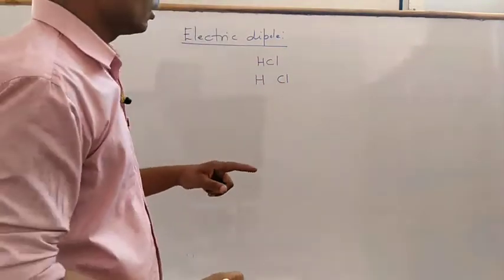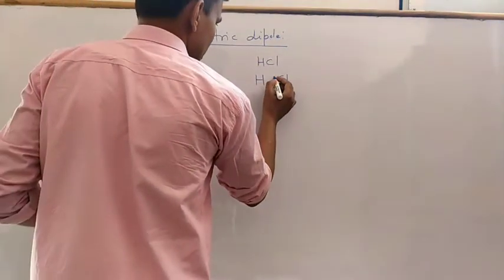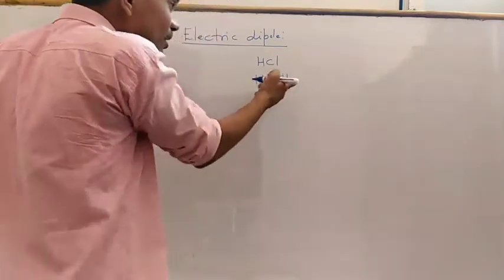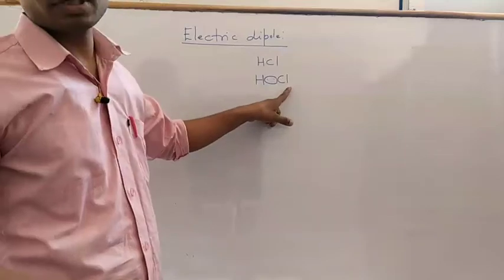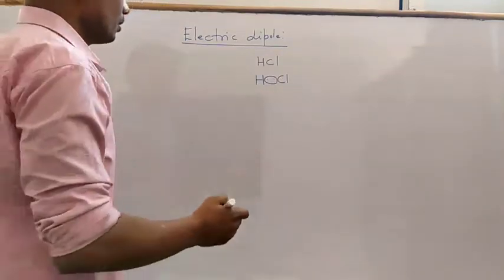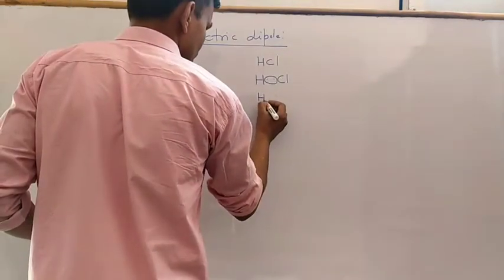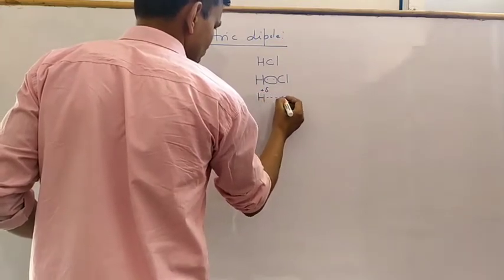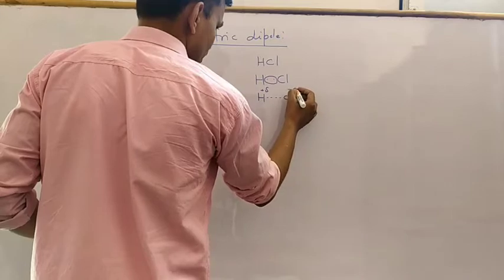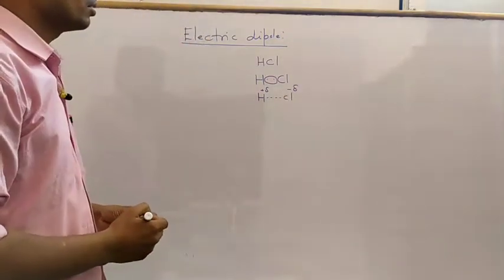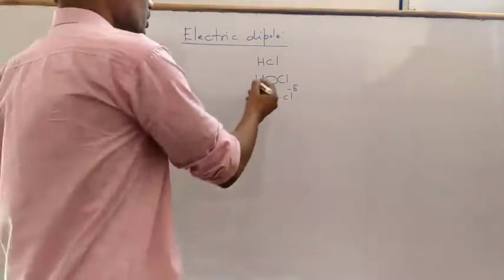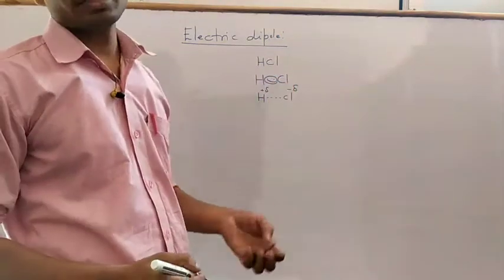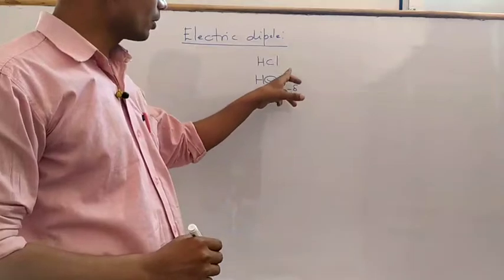Due to this, the covalently bonded electrons shift in the direction of chlorine. So the hydrogen becomes partially positively charged, and the chlorine becomes partially negatively charged, due to the shifting of the electron towards the chlorine.